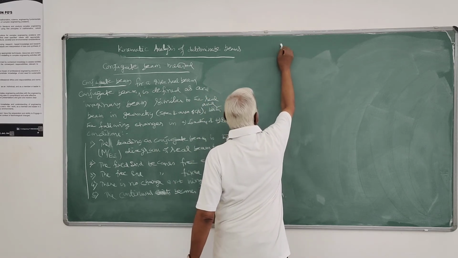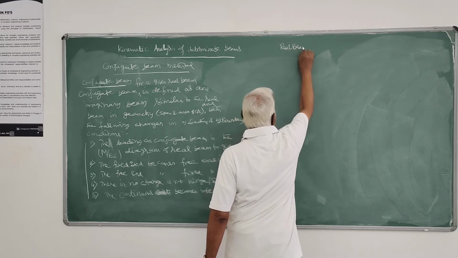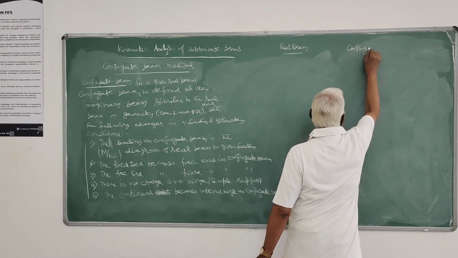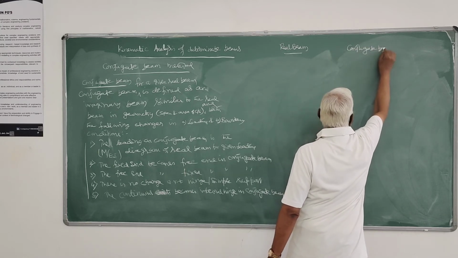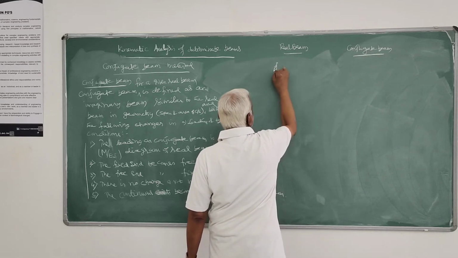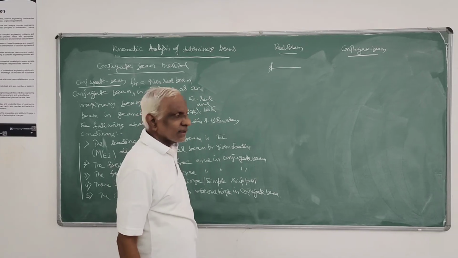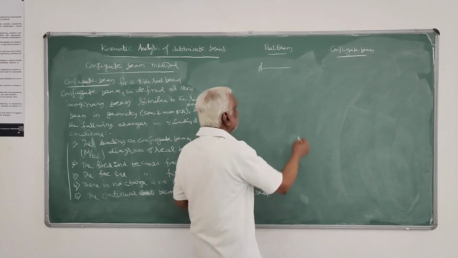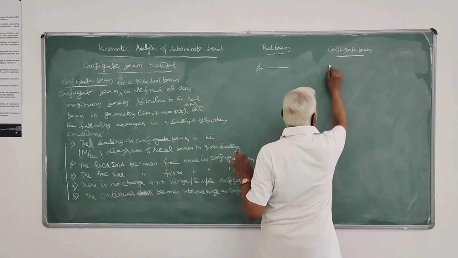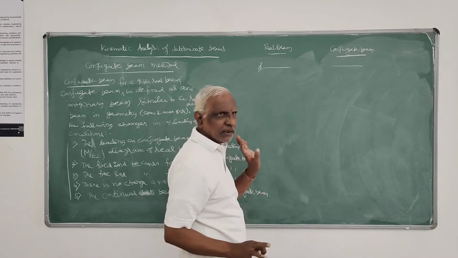So we can say real beam and the corresponding conjugate beam. If the real beam is a cantilever like that, then for the corresponding conjugate beam the geometry remains the same, I have told. Here also it should be of the same geometry, same length, and the cross section also should be the same.